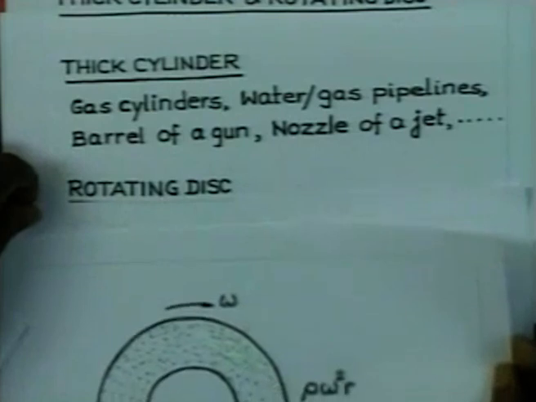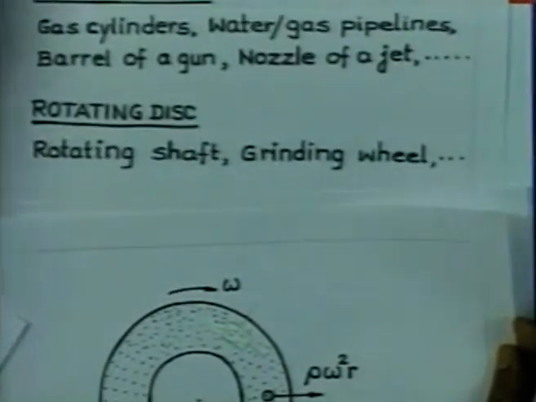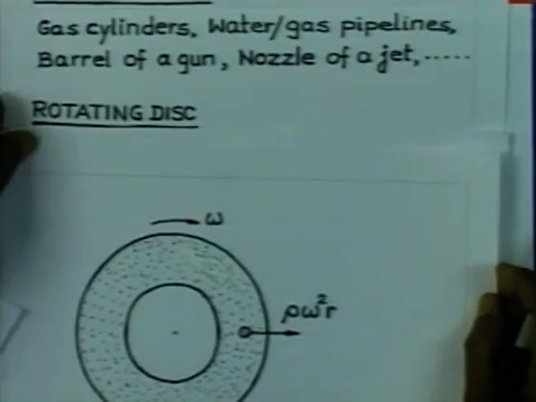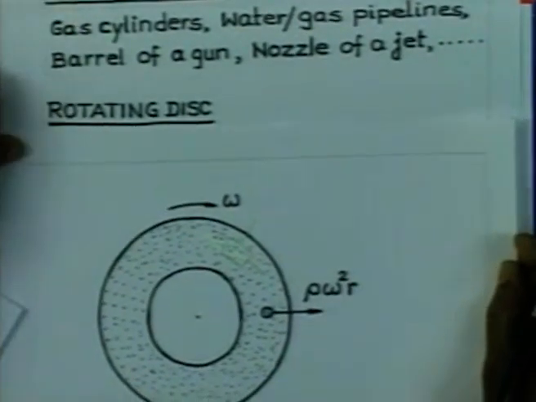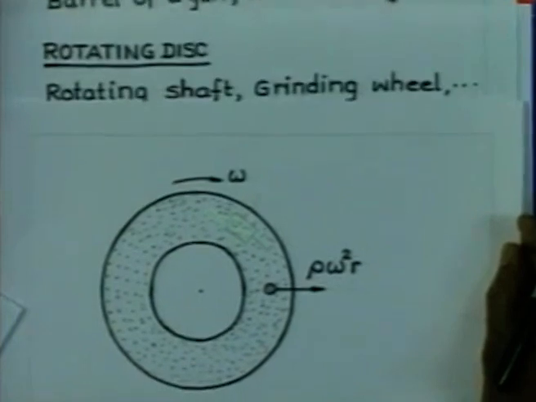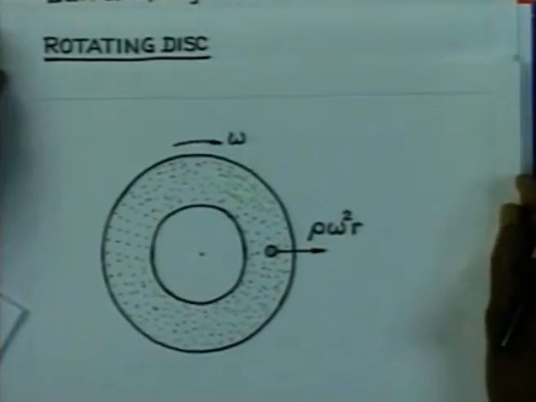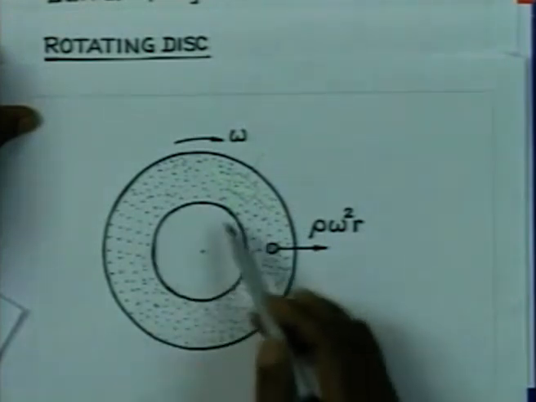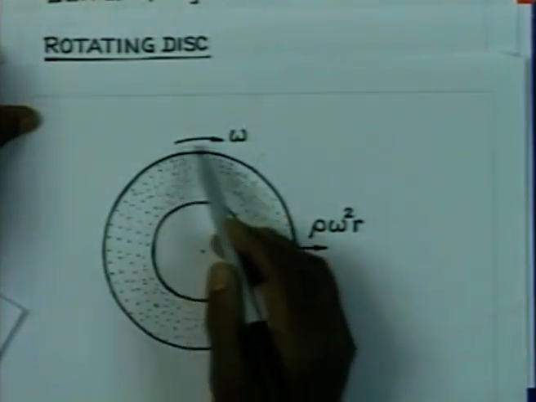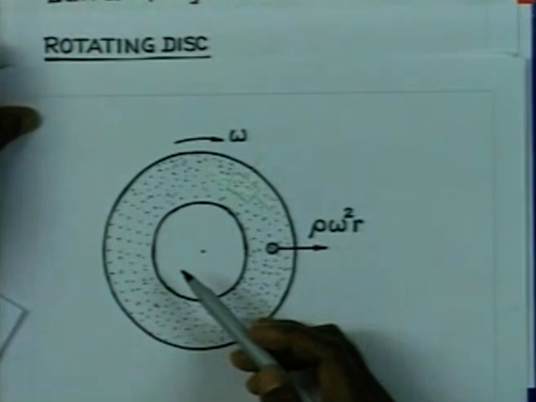Now, when they are rotating, look at the loading that comes up on the material of the body. So, you think of a situation like this, that you have a grinding wheel which is mounted on a shaft, it is rotating at some angular speed omega.